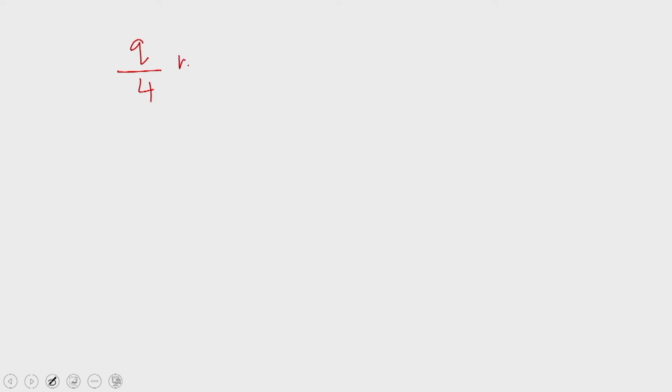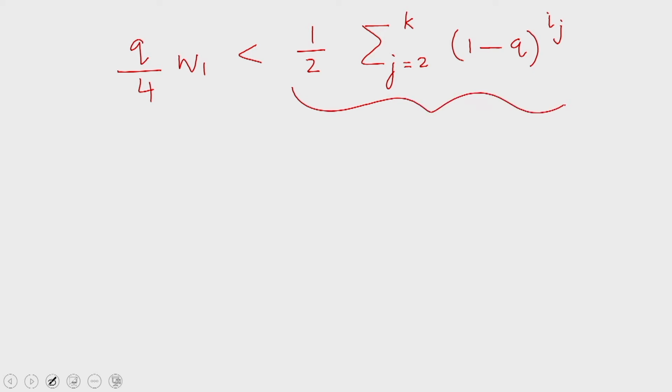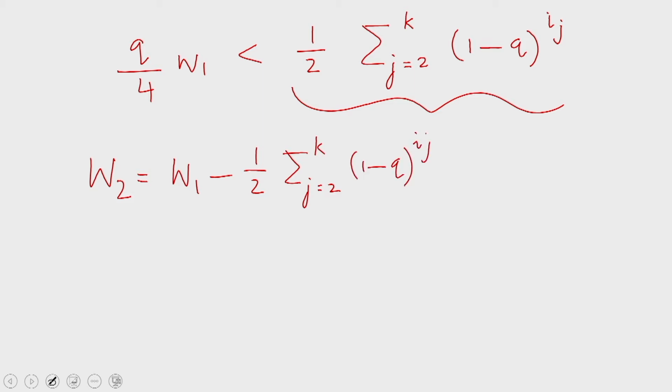which tells us that q by 4 times W1 is less than half of sigma j varying from 2 to k of 1 minus q power ij. But this exactly is the weight that we remove from the system. By removing that weight, we get W2. So, W2 is W1 minus half of sigma j varying from 2 to k of 1 minus q power ij, which is less than W1 minus q by 4 W1.